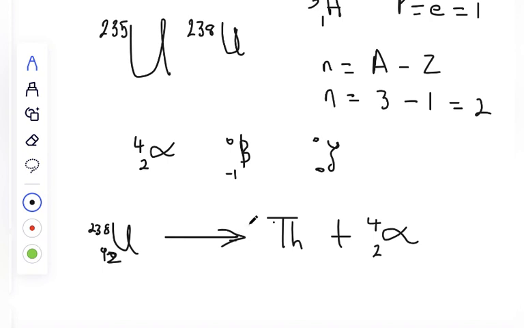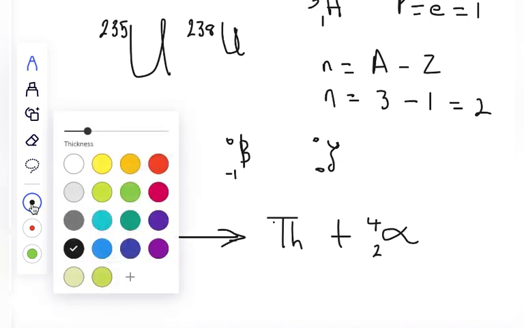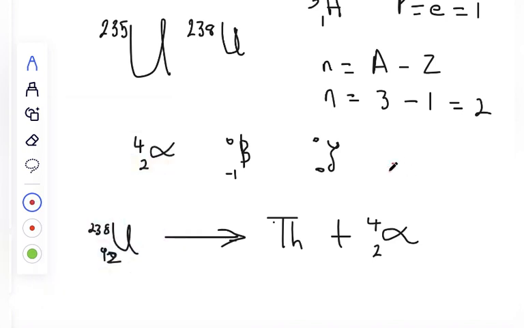So we say 238 minus 4. That will give us 234. So here we have 234 as the mass of the daughter nucleus that is formed. We can call it X.